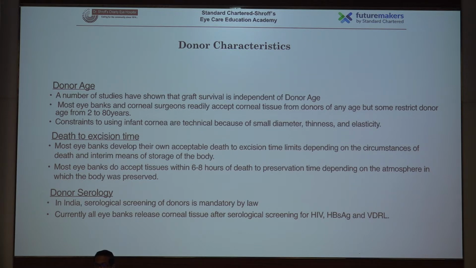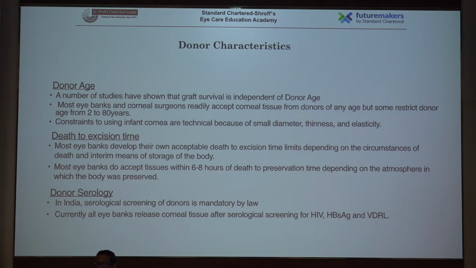As a take home, I would say that age is particularly no bar; it's the particular eye bank SOP which is important. But there is a constraint of using an infant cornea because they are smaller diameter, they're very elastic, just to punch out of them is not very easy, and they're pretty thin.